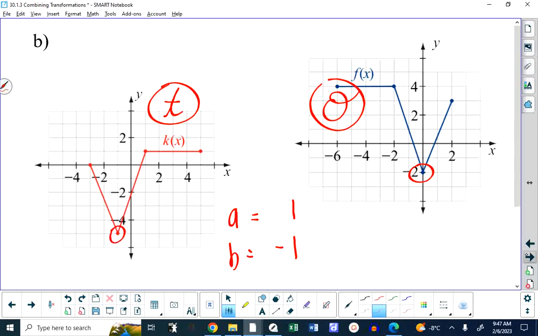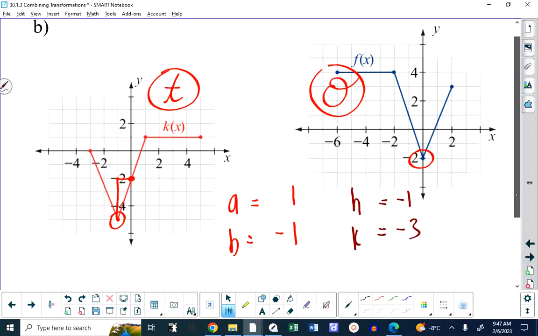I've got to change this question for next time. I think this is also going to be 1 to the left and 3 down, and that's why I'm saying I should change it. I don't like having the same result. I want that point, which is currently here, to be here, so 1 to the left and 3 down, which means H is -1 and K is -3.